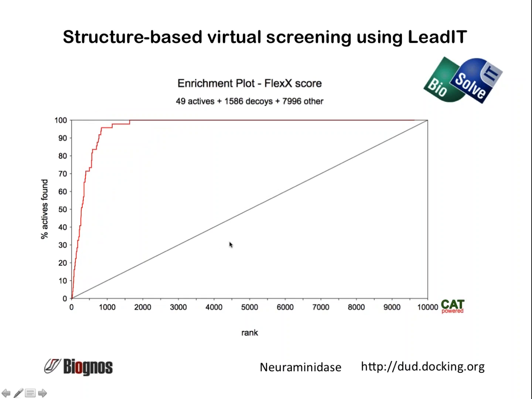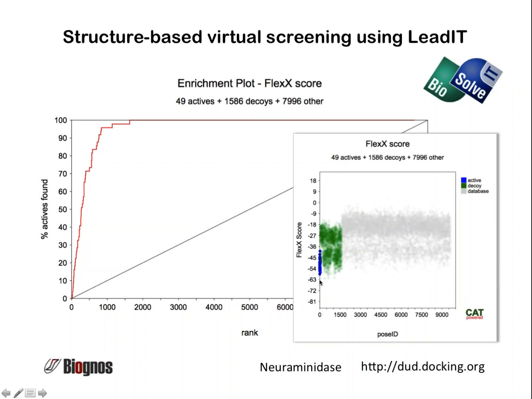For that reason, I mixed about 8,000 other compounds into the set, and then the library is much bigger, so the enrichment is the same, but the percentage or the situation looks quite different. And the reason for that is shown here.